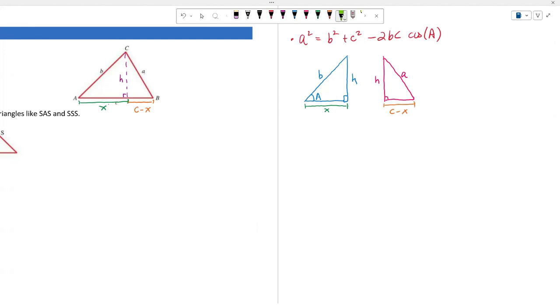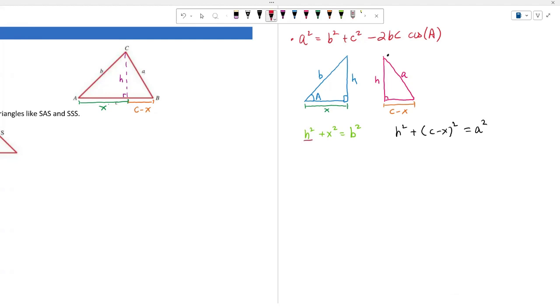Now let's see how we relate them together. In the left triangle, we could use the Pythagorean theorem to relate x, h, and b. So we have h squared plus x squared equal to b squared. In this triangle, we have h squared plus c minus x squared equal to a squared.